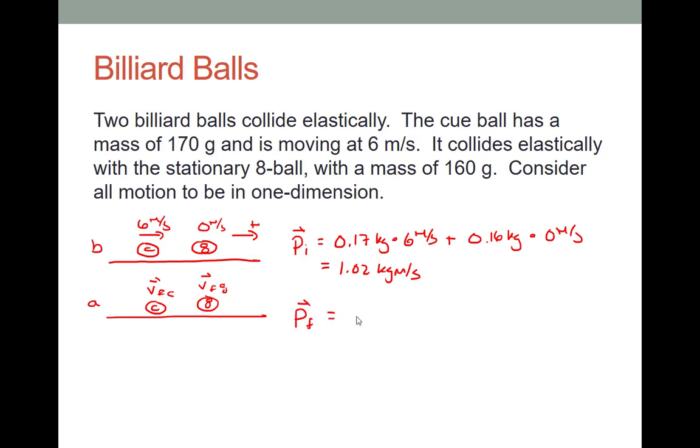Final momentum is going to be 0.17 kilograms times the final velocity of the cue ball, plus 0.16 kilograms times the final velocity of the 8 ball. I can now use conservation of momentum to equate these two. So 1.02 kilogram meters per second equals 0.17 V final Q plus 0.16 V final of the 8 ball.